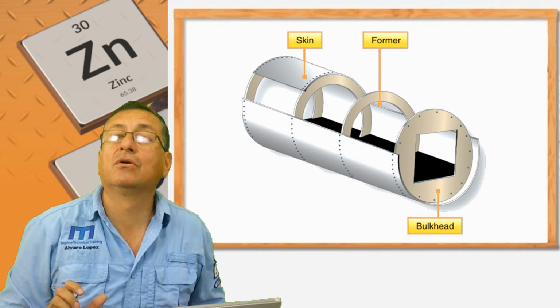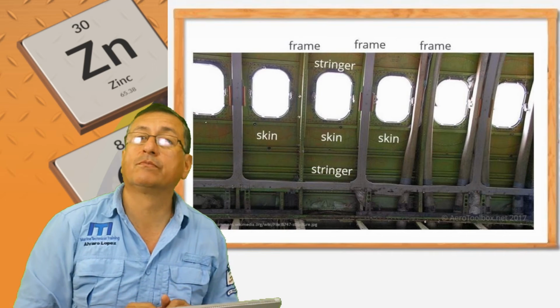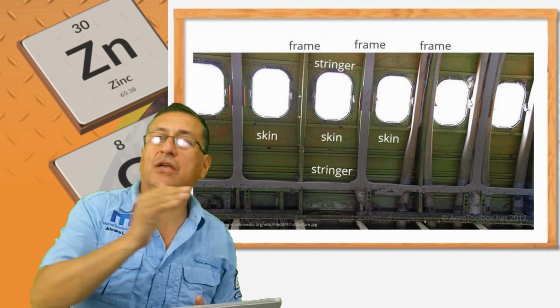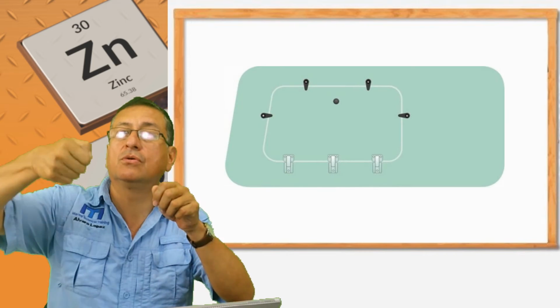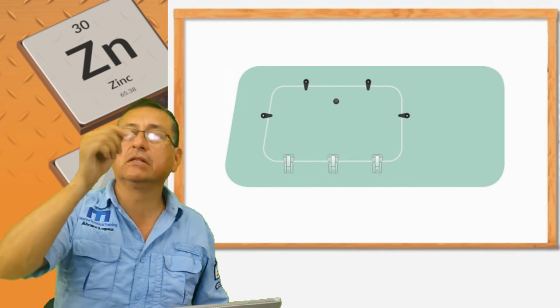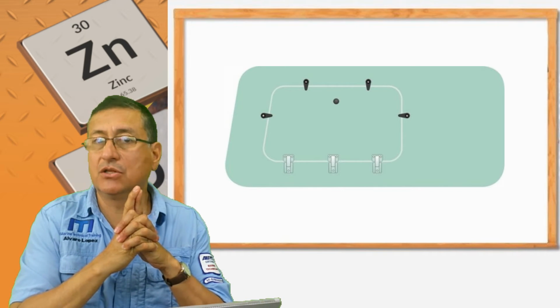And right now, in airplanes, they are oval windows or circular windows in order to avoid the propagation.